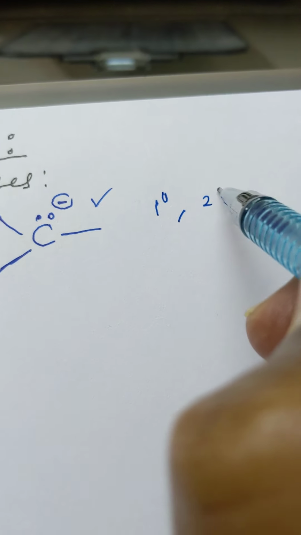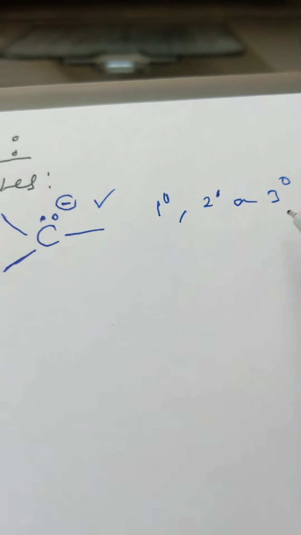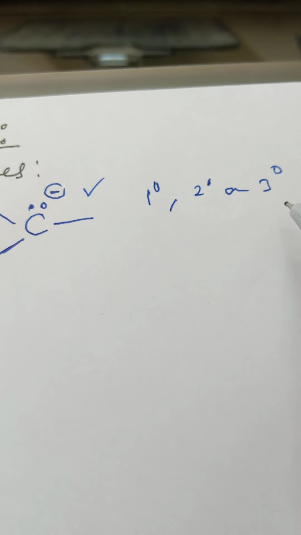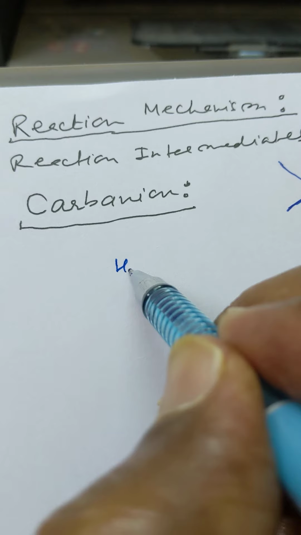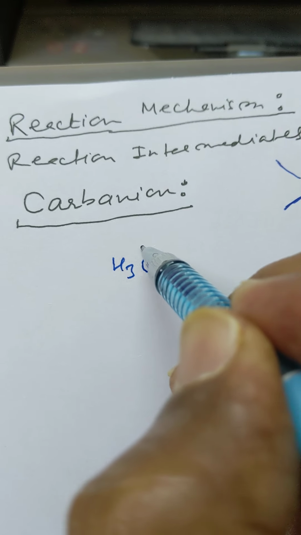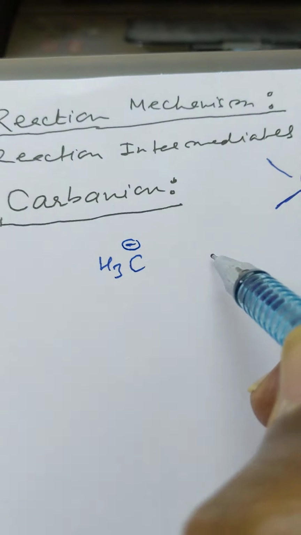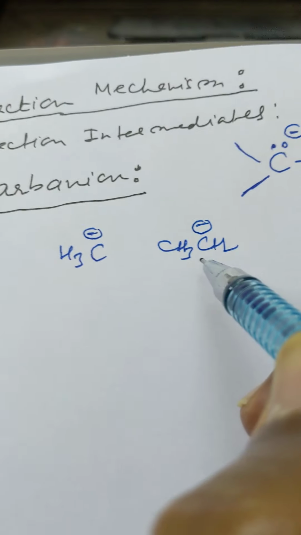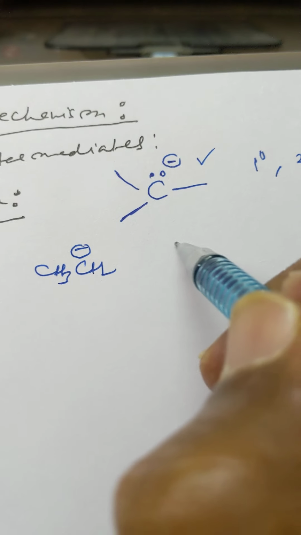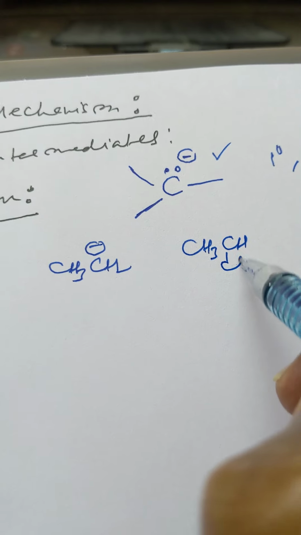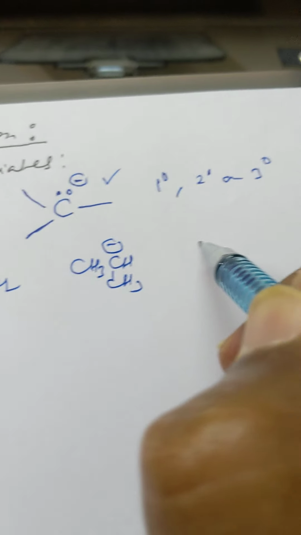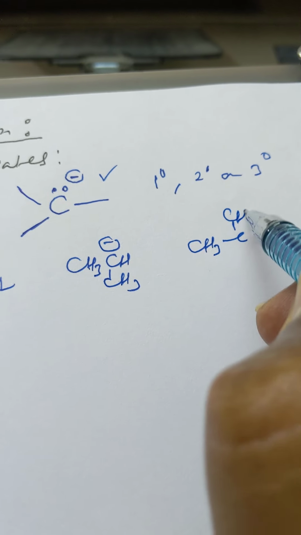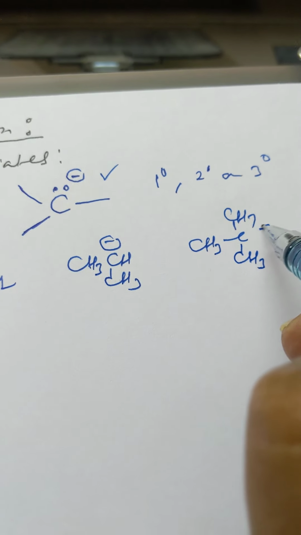Now carbanion can again be primary, secondary or tertiary, depending upon the nature of the carbon atom bearing the negative charge. For example, see, I am writing directly, say CH3, and say we are having CH3CH2, this is methyl carbanion, ethyl carbanion, and see we have isopropyl carbanion, and as the name suggests, it is tertiary butyl carbanion.